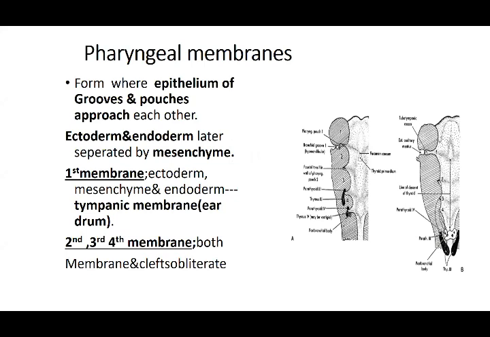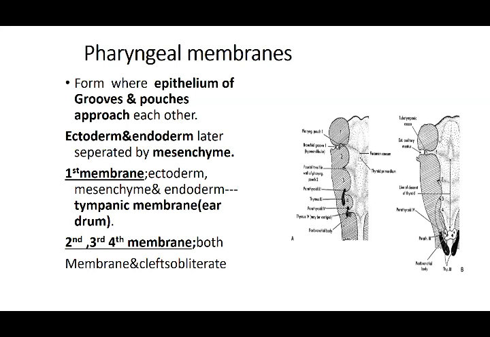That part is where you have your pharyngeal membrane. This picture shows the first one is your external auditory meatus on the outside. Inside from the endoderm is your tubotympanic recess, and where all these meet with the mesenchyme in between, it's forming your eardrum. So you can see the contribution by all three layers.